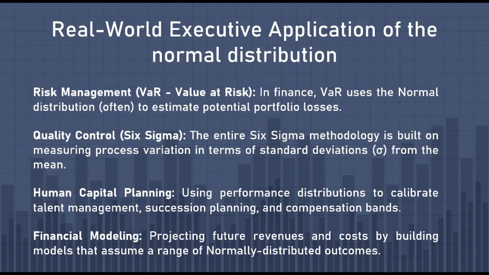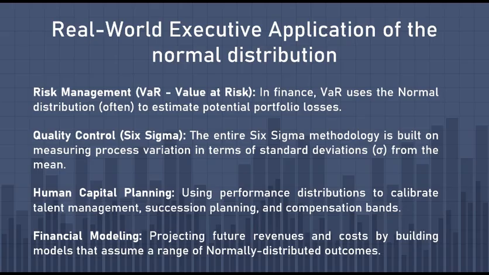We assume that the variation in the quality of the products will range within the Six Sigma control limit, that means mean minus 3 sigma to mean plus 3 sigma. Within this range, we expect our product's quality to fall. If it goes beyond that, less than minus 3 sigma or more than plus 3 sigma, then we assume that the system is going out of control and the product's quality is compromised. So you require human intervention to check and bring the system under control.